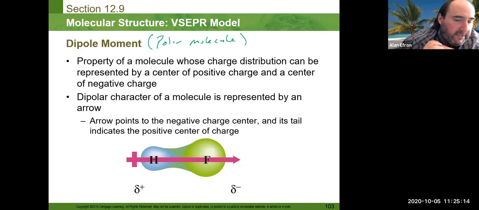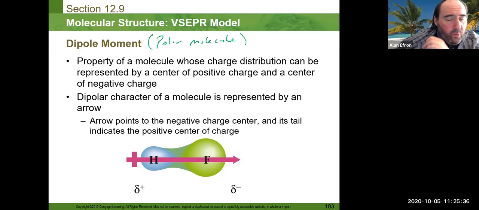And what that ends up doing is, if you do have a dipole moment and a polar molecule, it means that there is a part of that molecule that is more positive and there's a part that's more negative. The part that's more negative is where the electrons are heavily distributed, and the part that's more positive is where the electrons move away from.